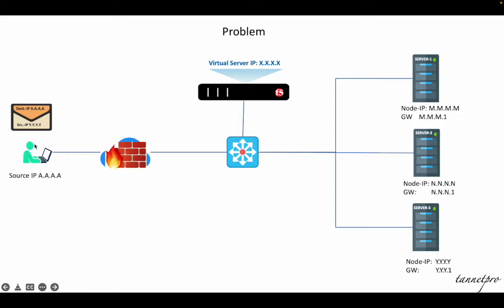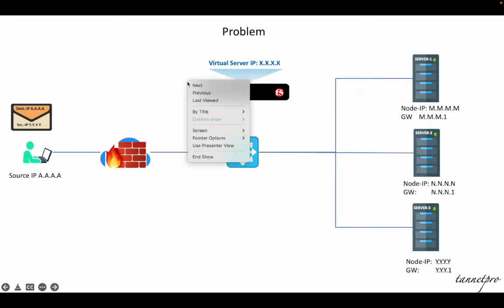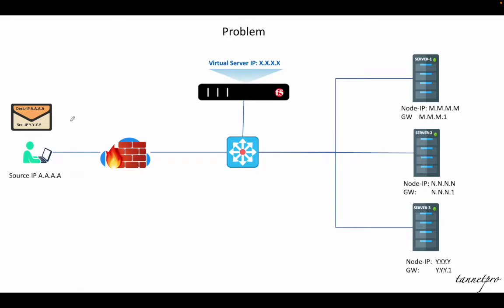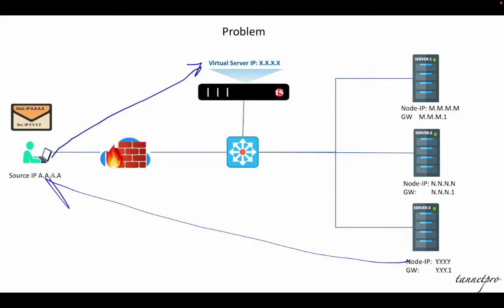It sent the request to the virtual server, but it is receiving a packet from YYY. Got it? This is a very important part for asymmetric routing. Your user sends the request here, but he is getting the reply from here.